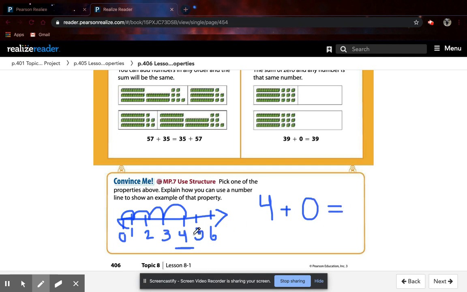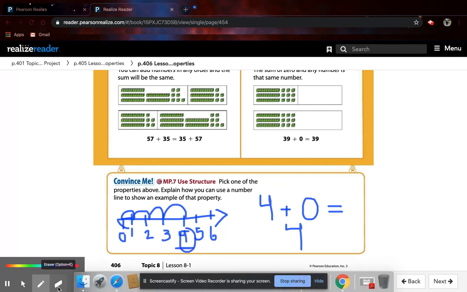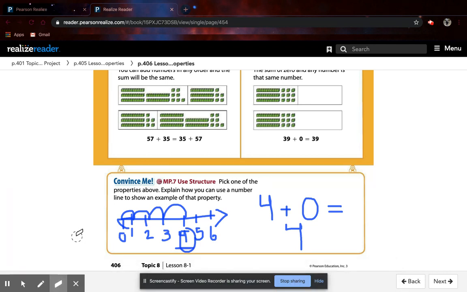So I'm at 4, and I didn't move forward anymore. I moved forward 0 lines, 0 points. My answer is still 4. I'm still staying on the 4. Okay, so I apologize for my number line drawing, but that's one way to show the identity 0 property of addition.